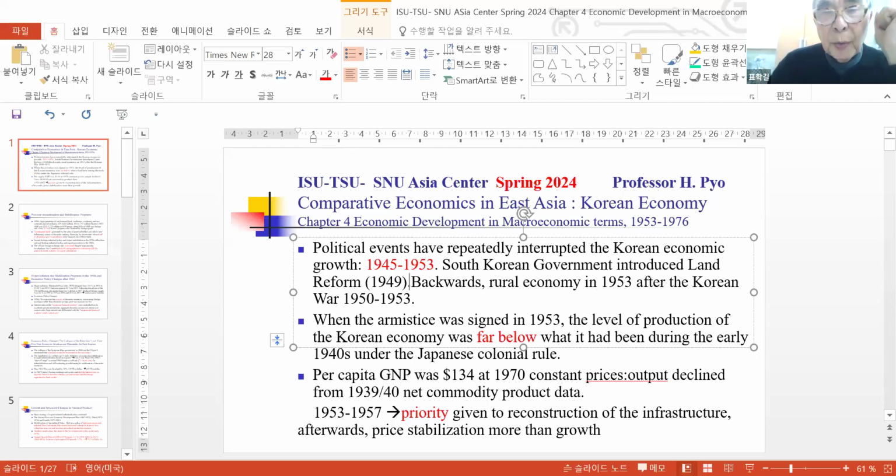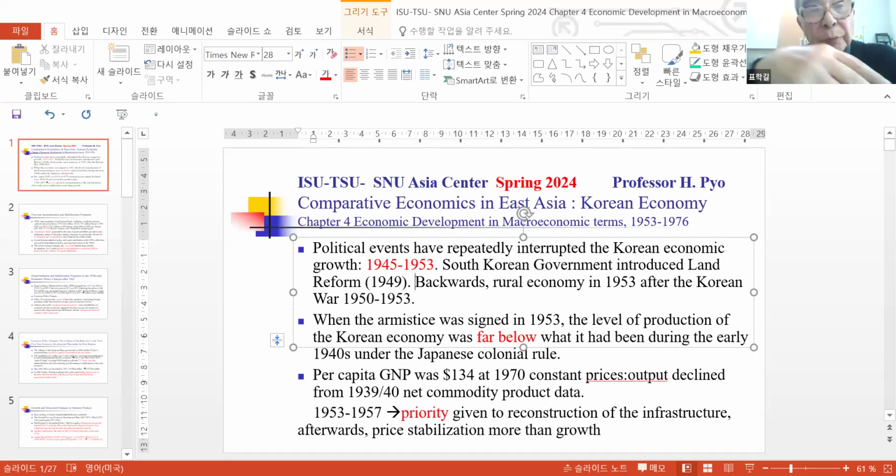On the other hand, North Korea did not bother with introducing land reform because North Korea, by definition, was a socialist tradition-based economy. So North Korea took it for granted that all the land belonged to the government, the state. No private ownership was allowed.